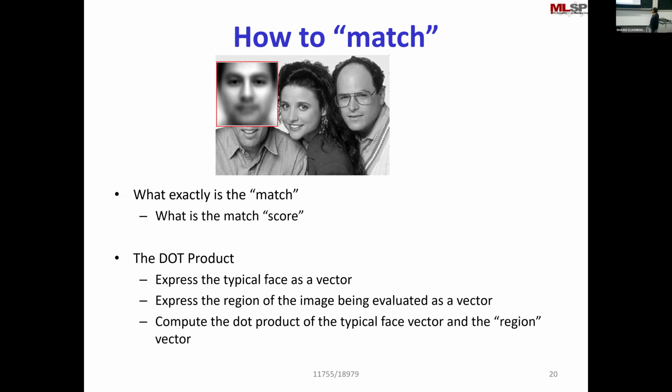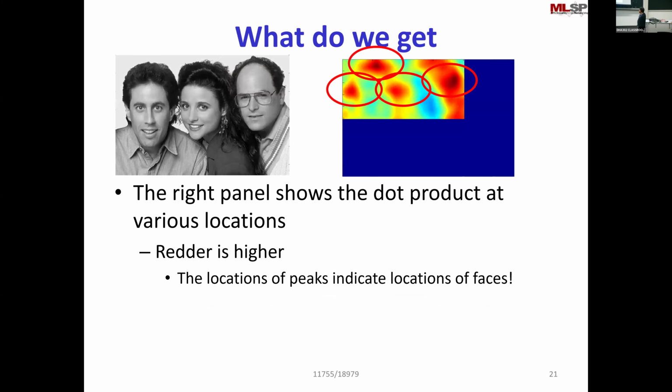And so that's what I'd be computing. Express the region of the image behind that square as a vector. Your typical face is also a vector. The inner product is simply going to be computing component-wise products and then summing over the lot. And you know this is going to be maximum. When's it going to be maximum? When they're the same. And when they're close, so you're going to get a map like this.